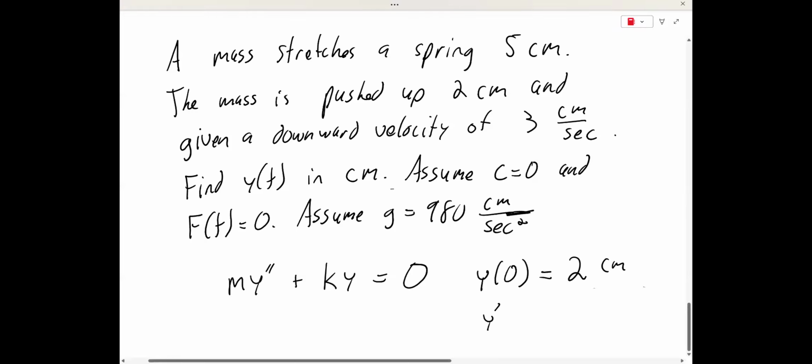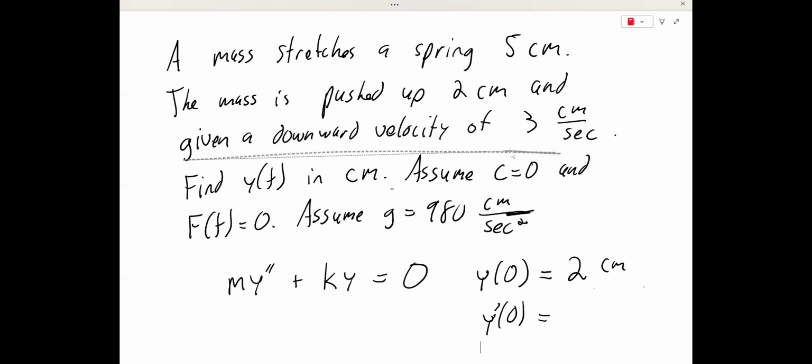And then y prime of 0, that's the initial velocity, would be what? Given a downward velocity, it would be negative because the convention is negative is down. So that'd be negative 3 centimeters per second. Anything on that so far?